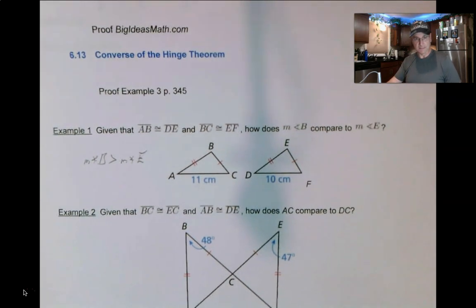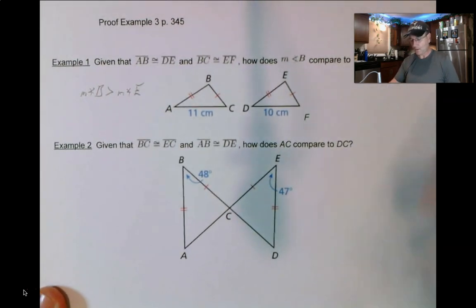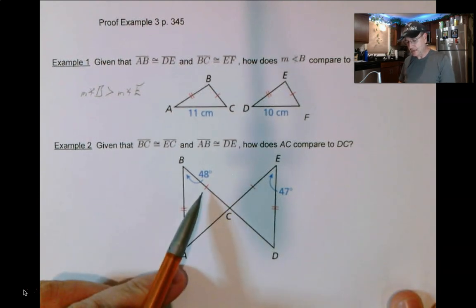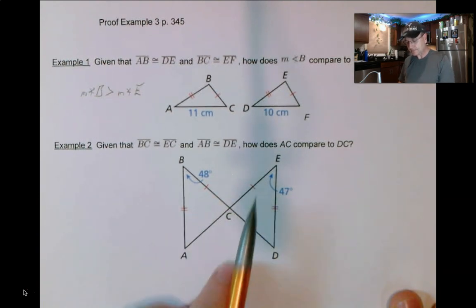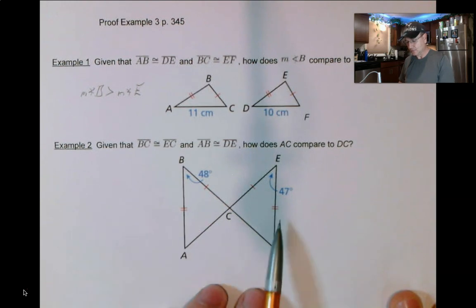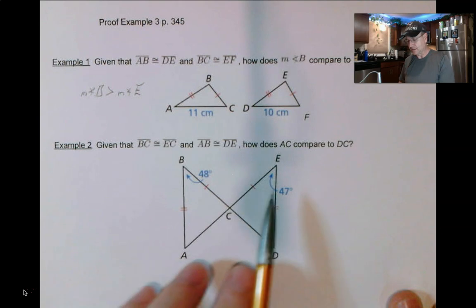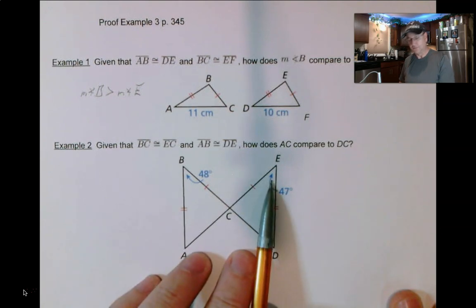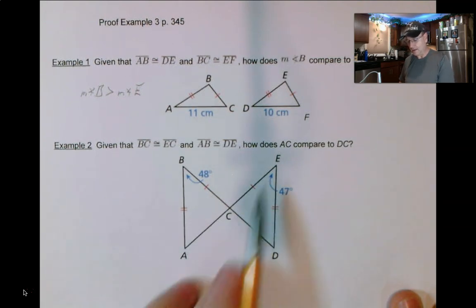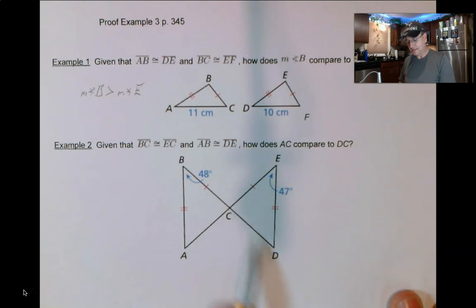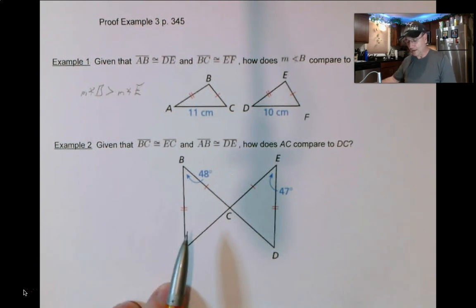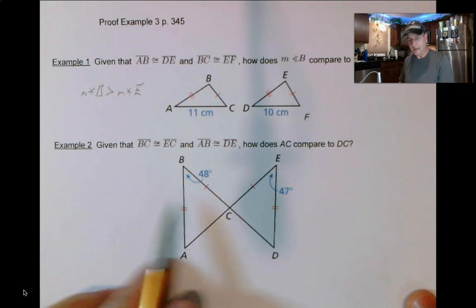Okay, example 2. Given that BC is congruent to EC, AB is congruent to DE, and angle B, which is 48 degrees, is bigger than angle E, which is 47 degrees, we want to compare AC to CD. And again, we have a side angle side situation here.